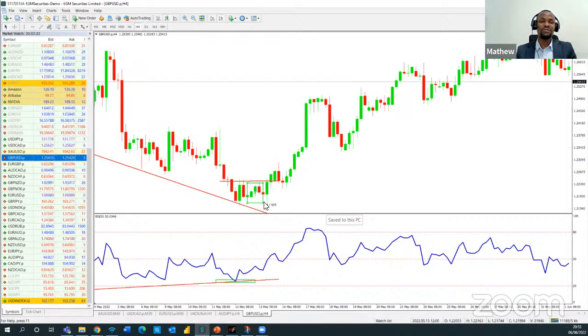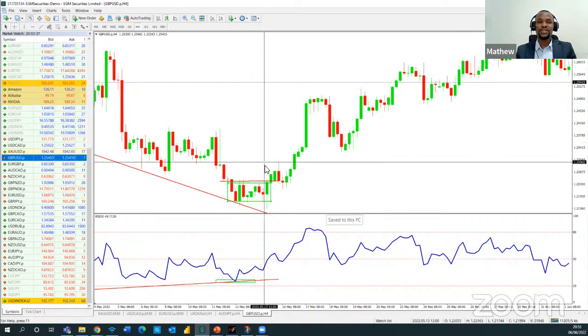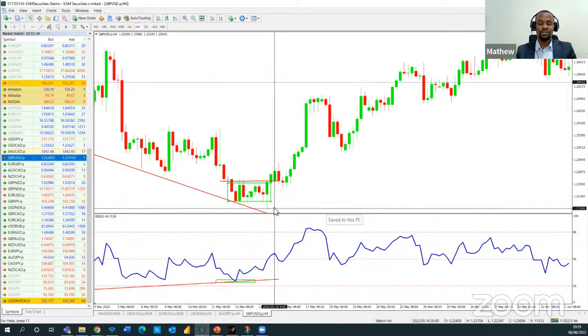Upward move, downward move, and then you have this green one confirming a strong upward move. So if you were to enter there, which would be the ideal entry, and you're looking for a good level to put the stop loss, then you'll be thinking about the low.